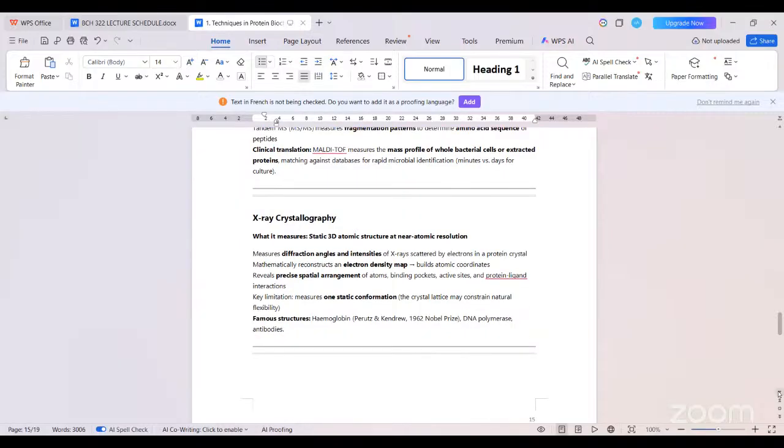Okay, so we'll go to the next quantification method, the X-ray crystallography. The X-ray crystallography measures static 3D atomic structures near atomic resolutions, but has some limitations in that the crystal lattice may constrain natural flexibility.